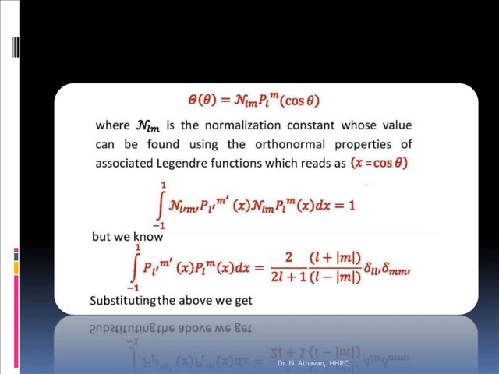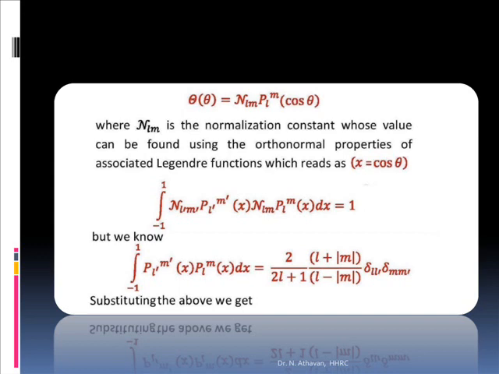For finding the orthonormal properties, we put x equal to cos theta and write the normalization condition as the integral from minus 1 to 1 of N_l'm' P_l'm' times N_lm P_lm dx, which is equal to 1.